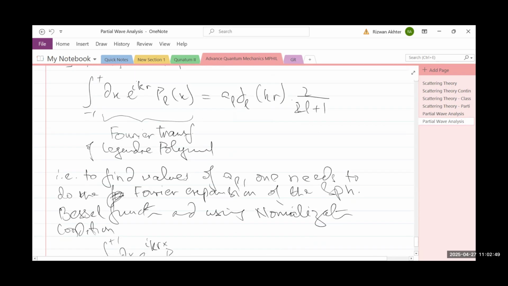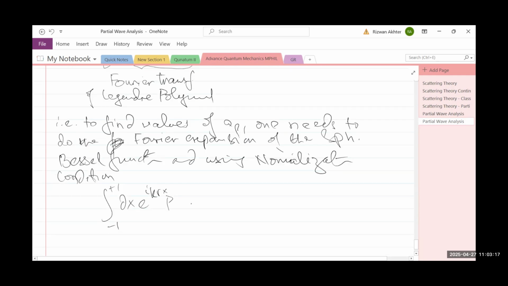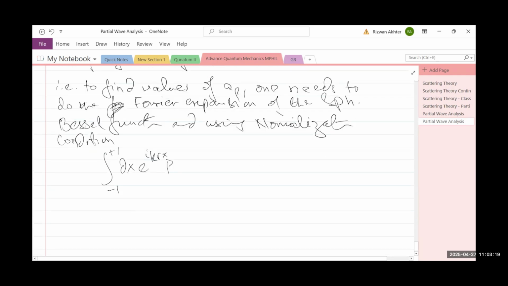Here we have the function e to the power iota kr x, where x is basically cos theta, because k dot r is kr cos theta. So this x is cos theta, and we also have P_L of x.